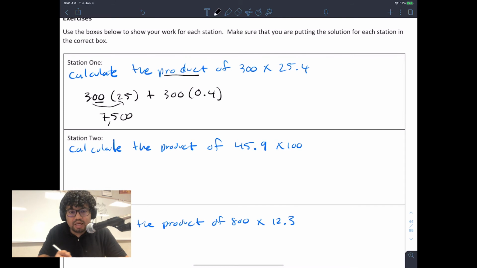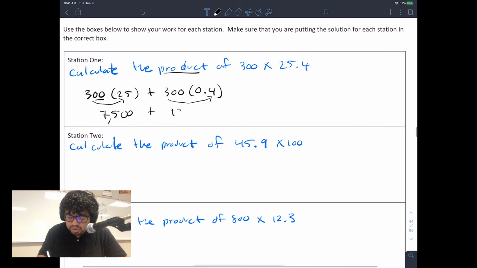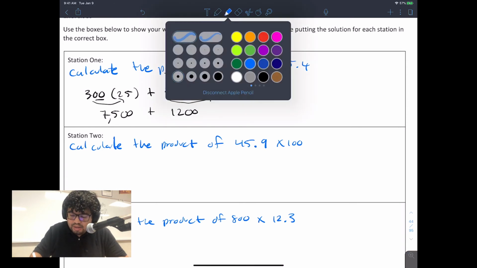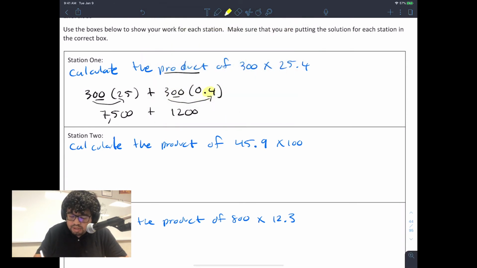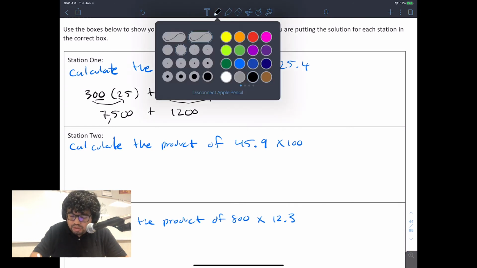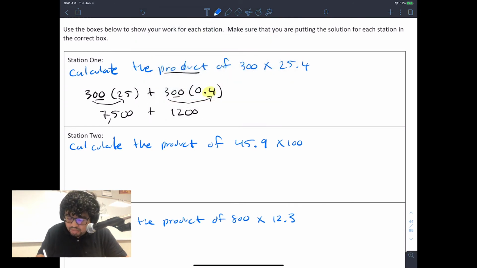Then that's 7,500 plus, once again, 3 times 4. That's just 12. Now I have 2 zeros, so I add 2. But once again, notice that there's one number to the right of the decimal there, and therefore the answer also has to have one number to the right of the decimal, and that will make it 120.